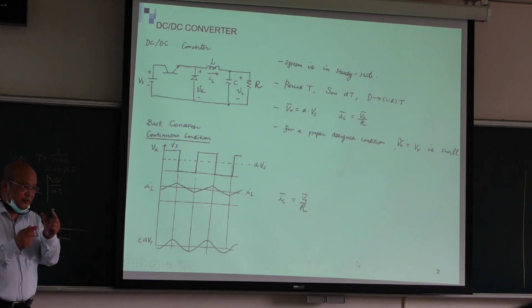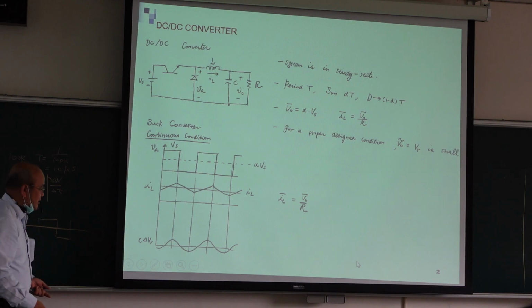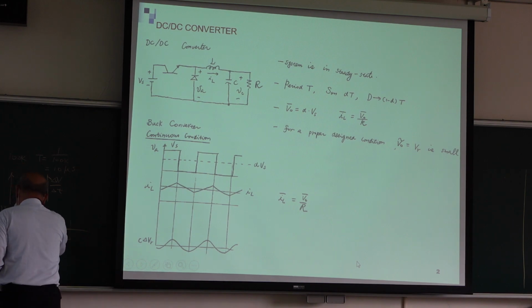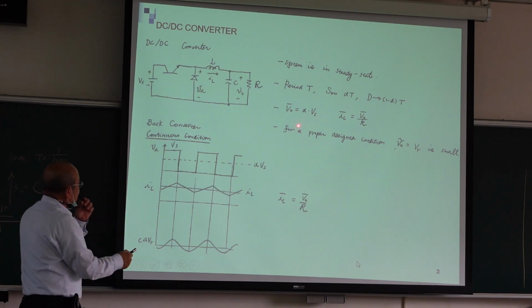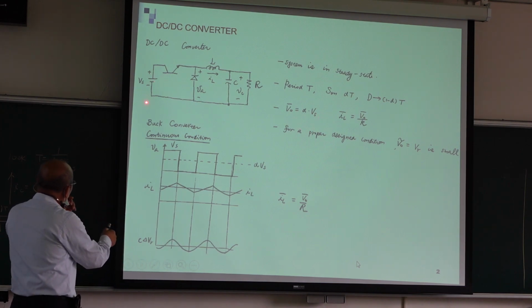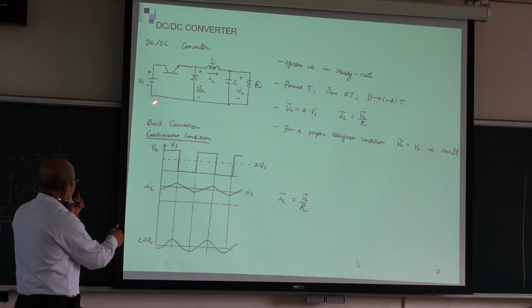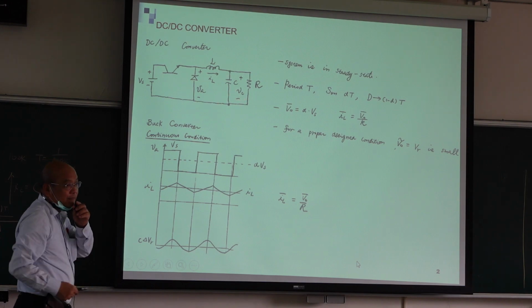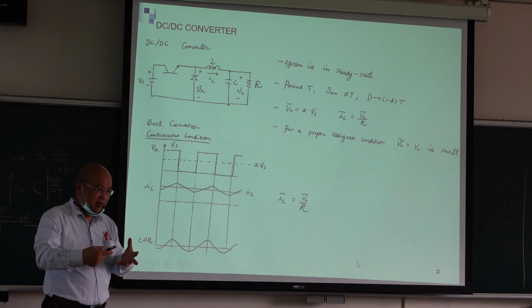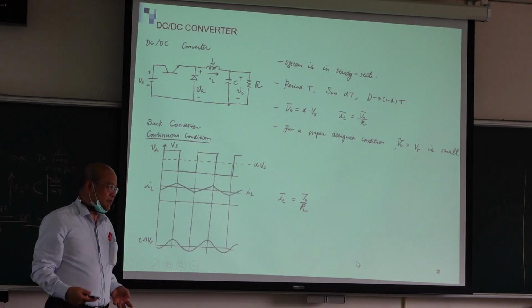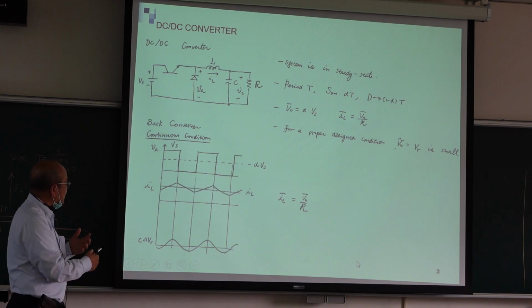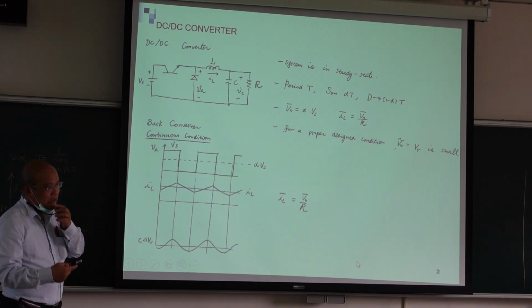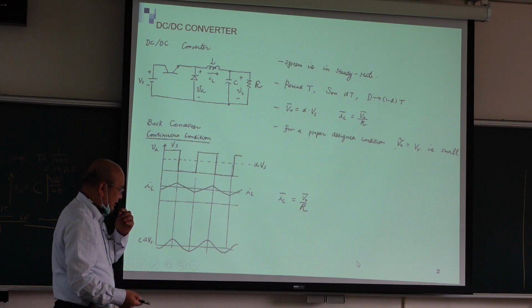So what is the average? 6 volt, right? Then we get 6 volt output. So you change from 12 volt to 6 volt. What is this converter? Buck converter. Buck means reduce, right? If you want to increase, what do you call it? Boost. So we have buck converter, we have boost converter.